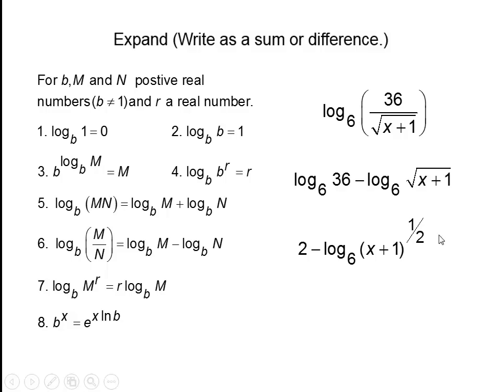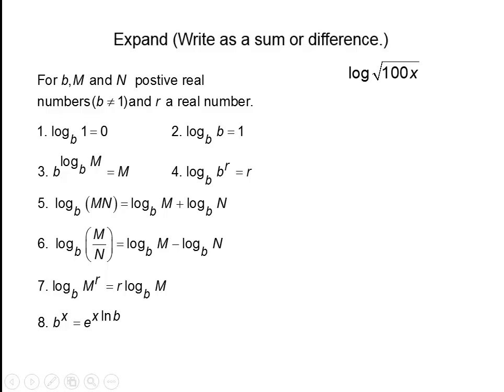Last, we can write the exponent of 1/2 as a factor, and we have 1/2 times log base 6 of the quantity x plus 1. Always keep in mind there is no distribution of a logarithm over a sum.